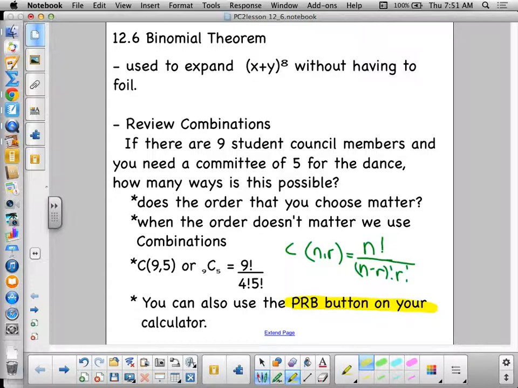So how do you type that in? n, the first number, the total number in the group, is 25. Then the nCr button, and here, that's PRB, and the second choice is nCr. On a graphing calculator, I gotta remember where it is.